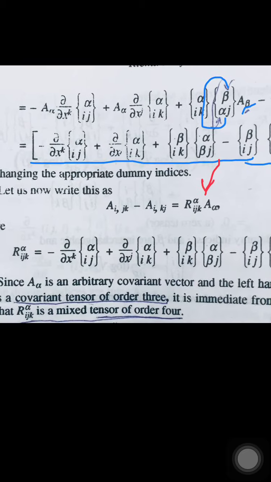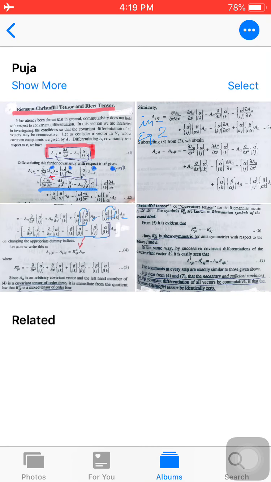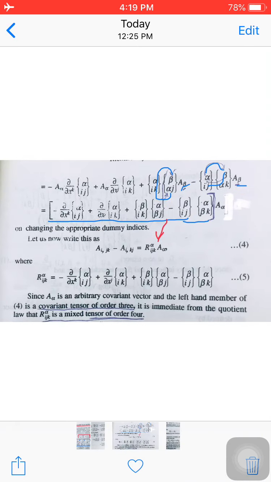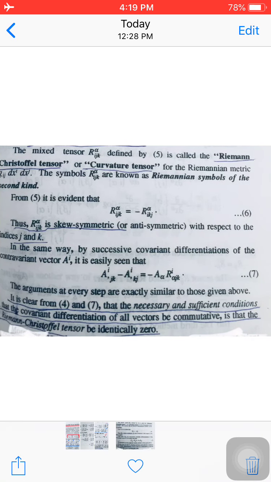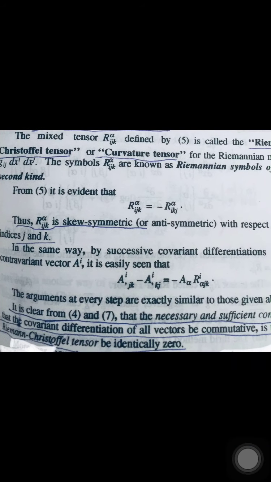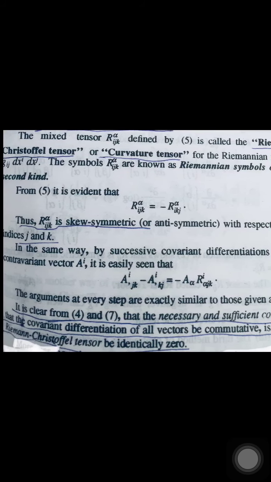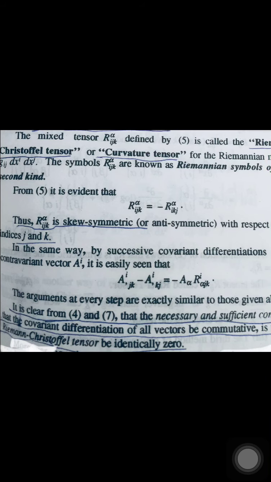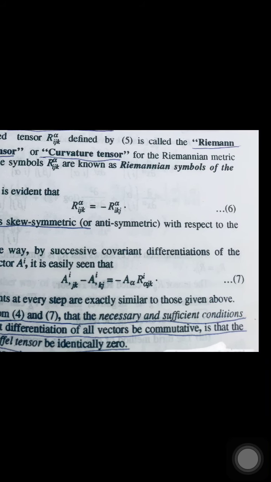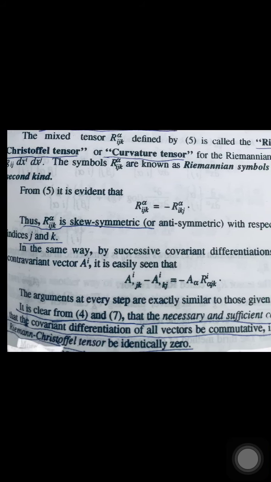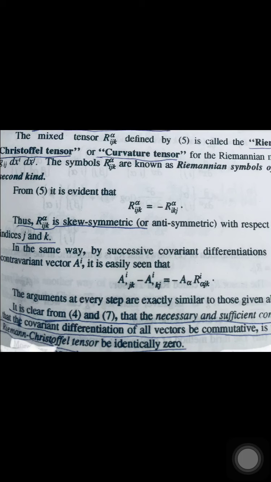The mixed tensor R^alpha_{ijk} defined by equation 5 is called the Riemannian Christoffel tensor because it is a tensor of order 4, or it is sometimes also called the curvature tensor, for the Riemannian metric g_ij dx^i dx^j.